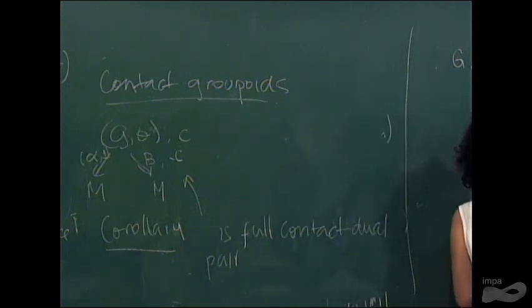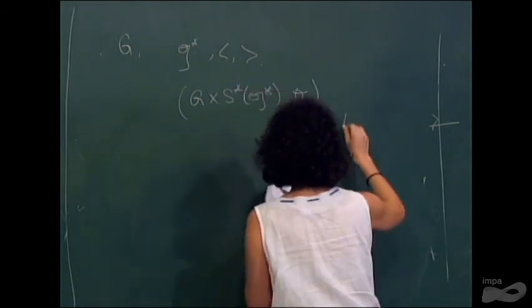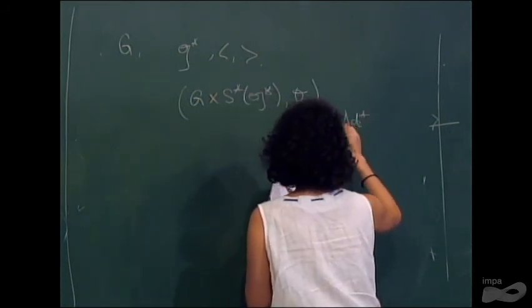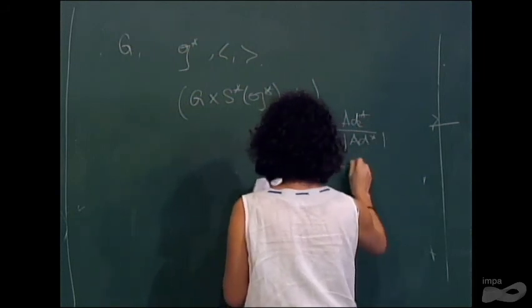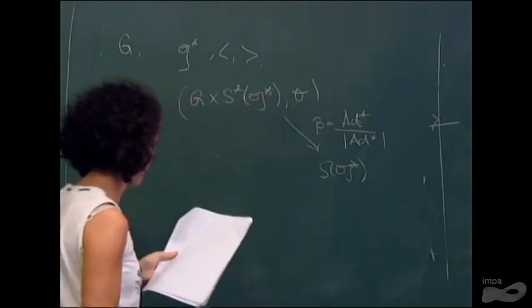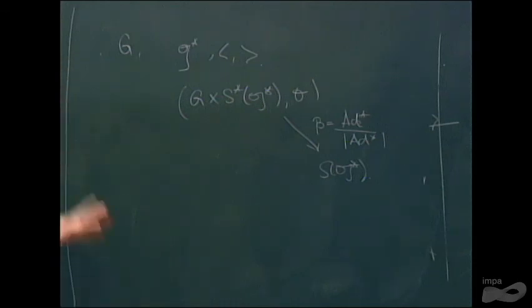Remember that we have this realization beta, which is the adjoint divided by the modulus, of the sphere in 𝔤 star. This is Jacobi. Okay, so let's assume now that the metric is G invariant. You can assume that, for example, when G is compact, okay?